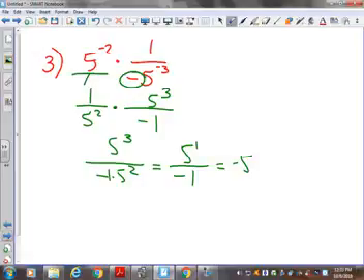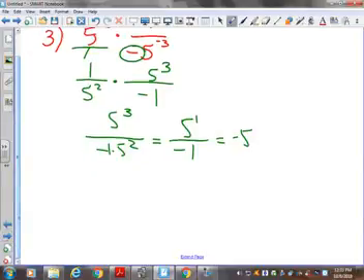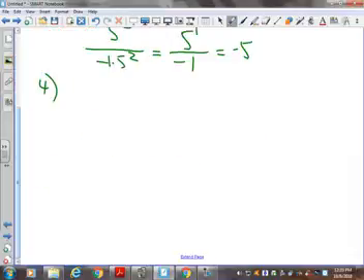All right, let's look at a power to a power problem. Now, I didn't have to make both of these powers negative, but I just thought that might be something we want to look at.